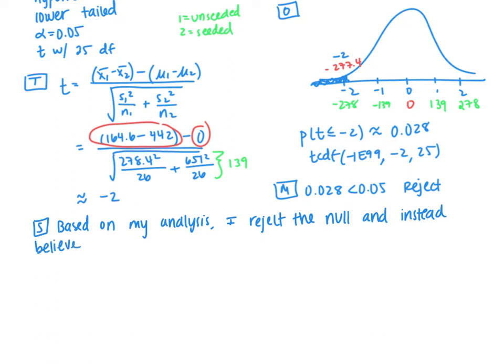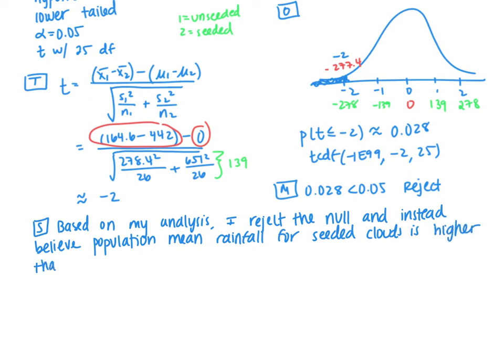Okay, I'm going to talk, then I'm going to write. Our alternative was mu1 is less than mu2. So we need to put that into words. Mu2 is the seeded clouds, mu1 is the unseeded clouds. So I'm going to instead believe that the population mean rainfall for the seeded clouds is higher than for the unseeded clouds.